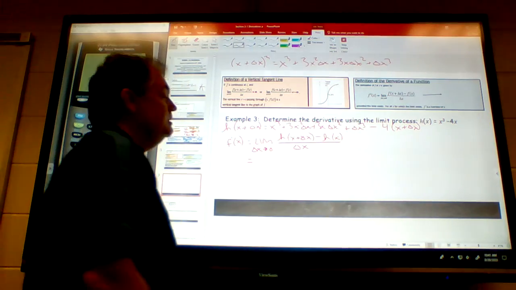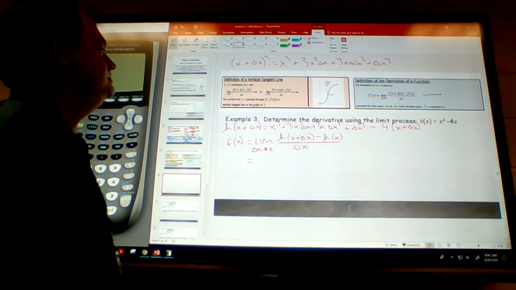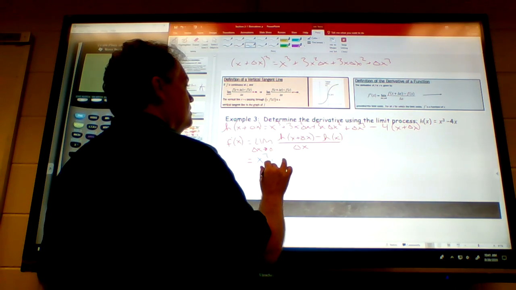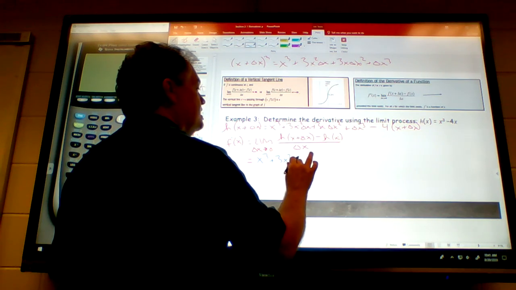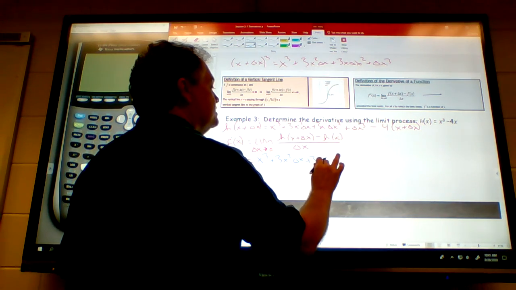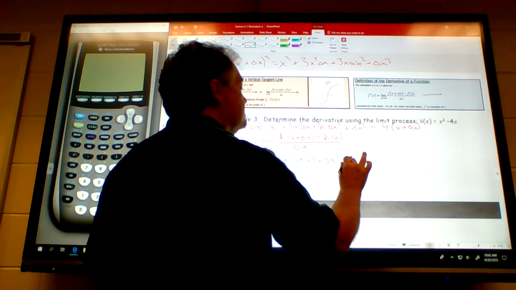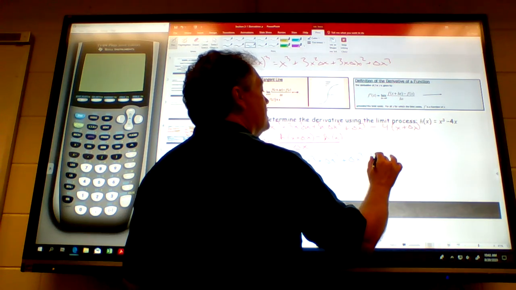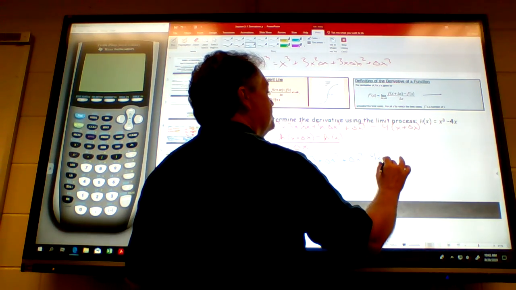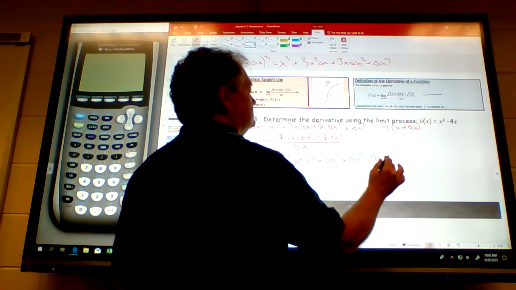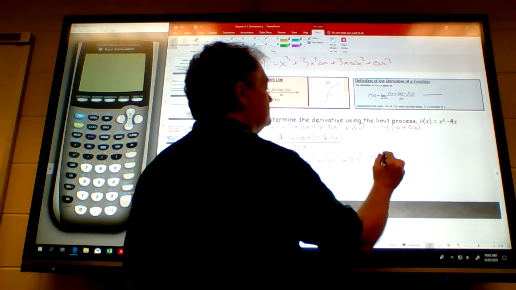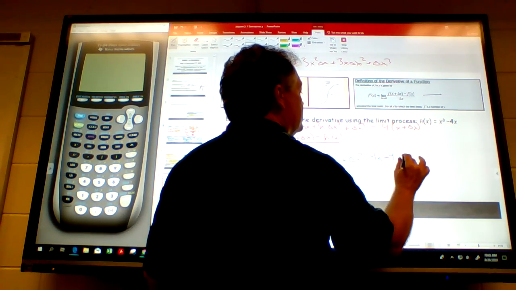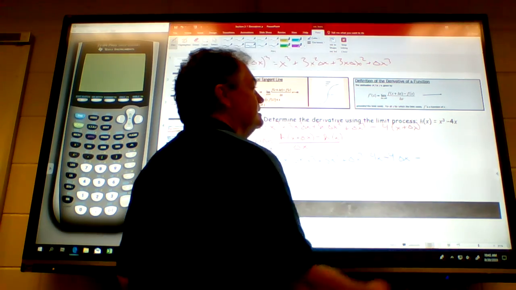Okay, so here's what I'm going to do. I'm going to transport all this down here, and I'm going to do it in blue. So I have x to the third plus 3x squared delta x plus 3x delta x squared plus delta x to the third minus 4 delta x, and then that whole thing is minus this right here.